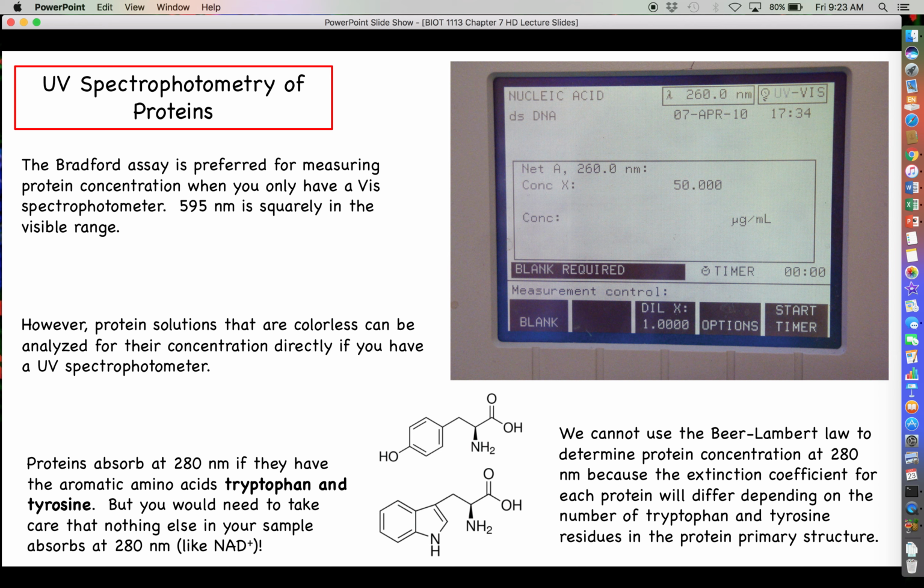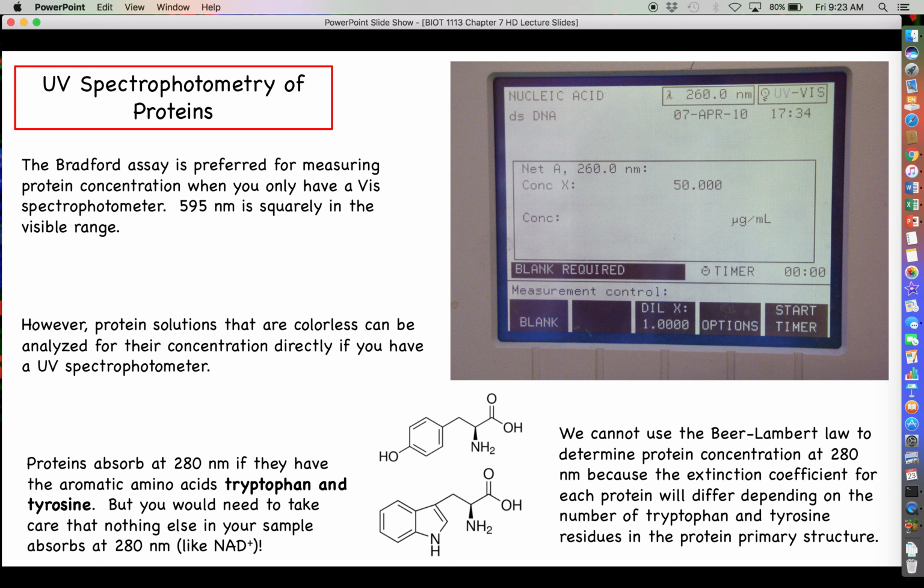So you have to be a little bit careful when you are using UV spectrophotometry to measure the concentration of proteins. And that is because you cannot really use the Beer-Lambert law to determine the exact protein concentration at 280 nanometers. The reason for that is because different proteins have different numbers of tryptophan and tyrosine residues.